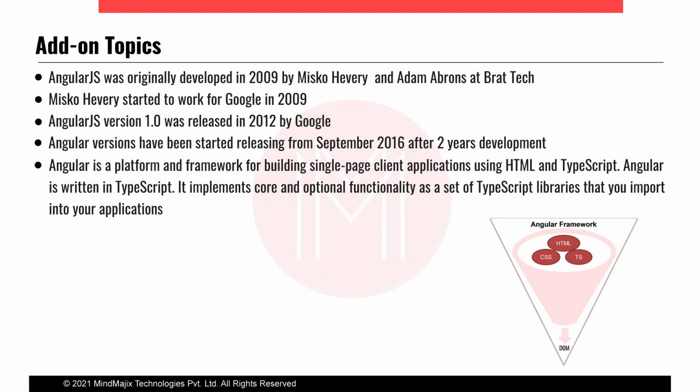Like if you see this one, HTML, CSS, and TS or JS. HTML is a markup language, right? CSS is basically a styling language, and TypeScript is also a language which is almost similar to JavaScript, but it is a superset of JavaScript. By combining these three languages, a DOM will be created. So what is DOM?